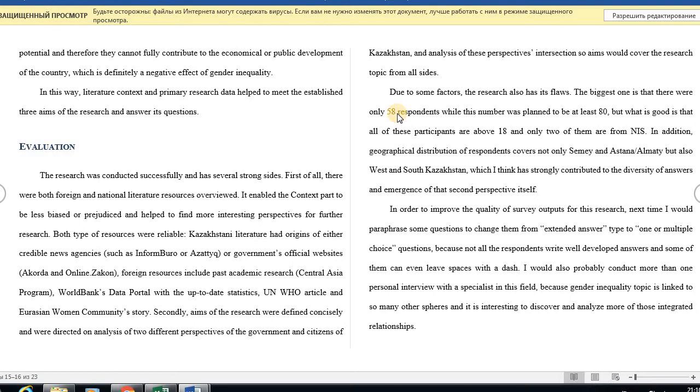So you can say that you had troubles. You were not able to find or to invite enough people to be part of your research, or to be part of your questionnaire, right? You can talk about anything here.